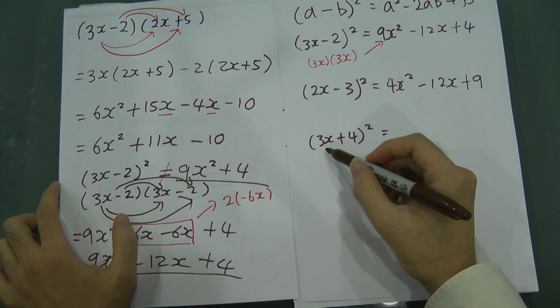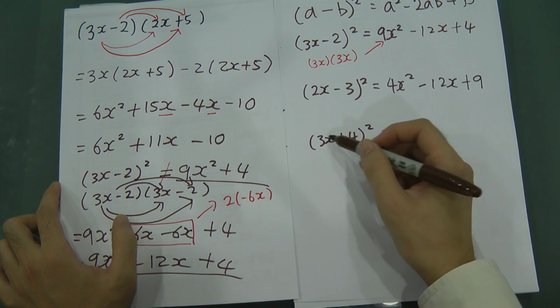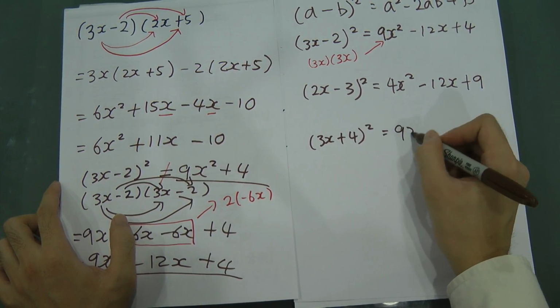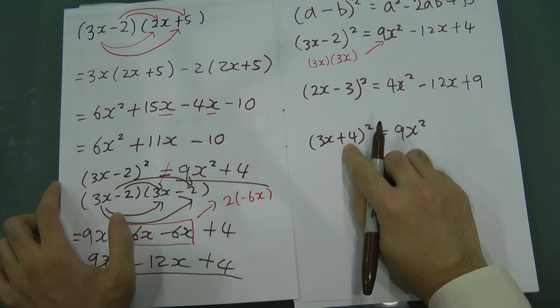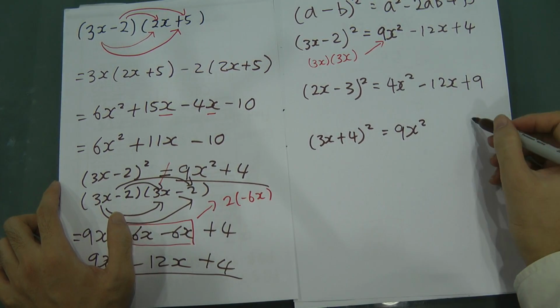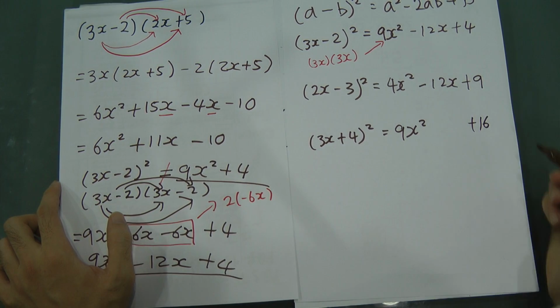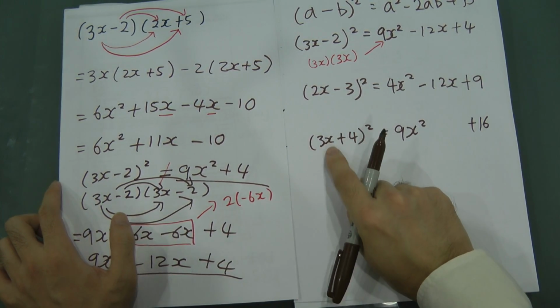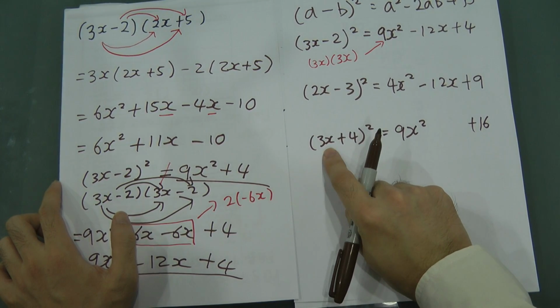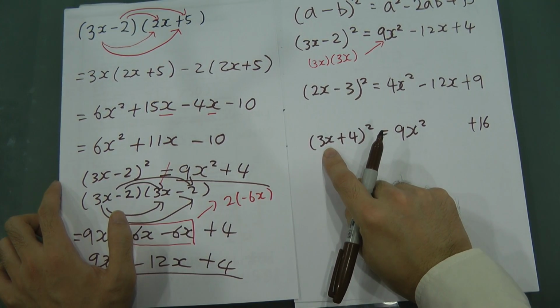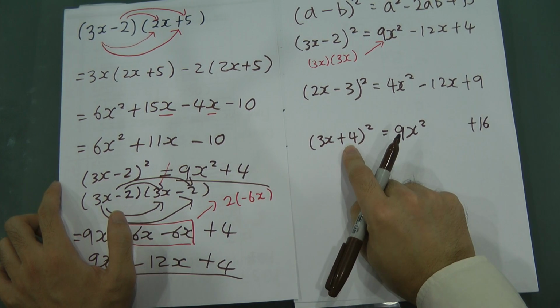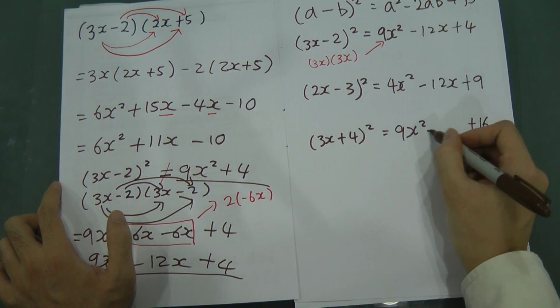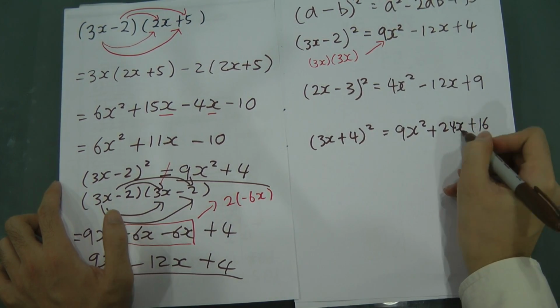First, 3x multiplied by 3x, we get 9x squared. 4 multiplied by 4, positive 4 multiplied by positive 4, we get positive 16. And then the middle here is 2 multiplied by a multiplied by b. 2 multiplied by a, we get 2 multiplied by 3x is 6x. 6x multiplied by 4, 6 multiplied by 4 is 24, so it's plus 24x.